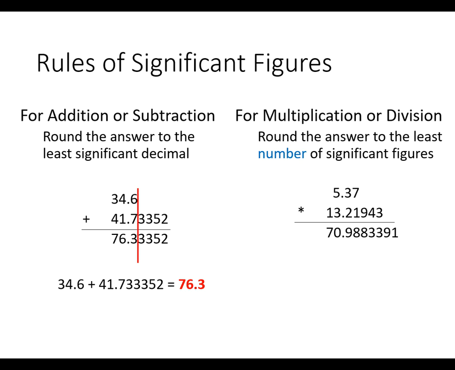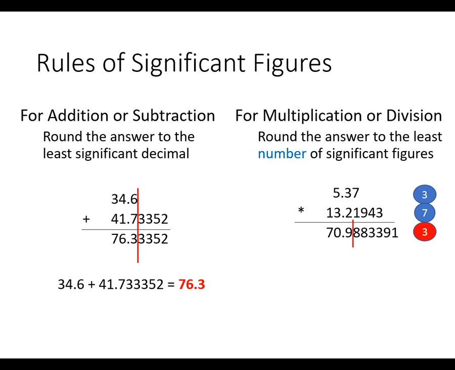Well, the rule for multiplication and division is to round the answer to the least number of significant figures. Here's how that works. In 5.37, we have 3 significant figures. Whereas in 13.21943, we have 7 significant figures. But we want to round the answer to the least number, which means we want to round our answer to 3 significant figures.